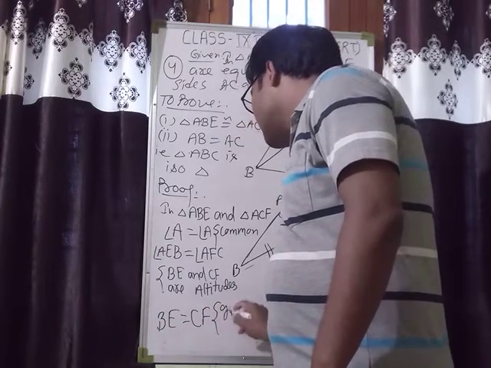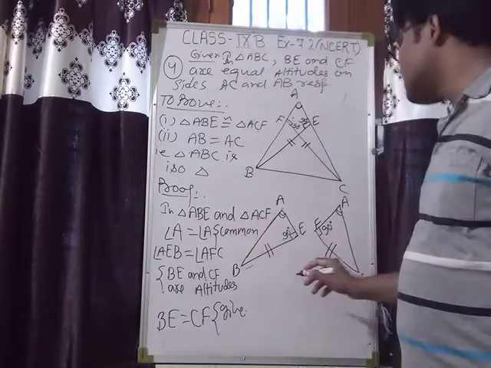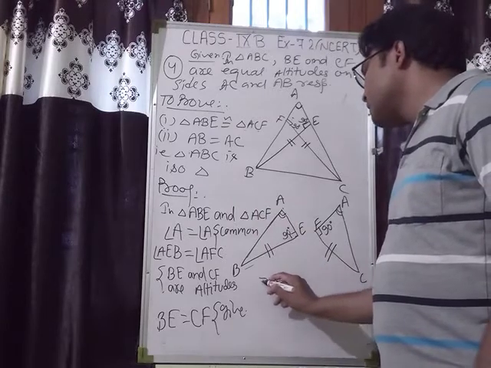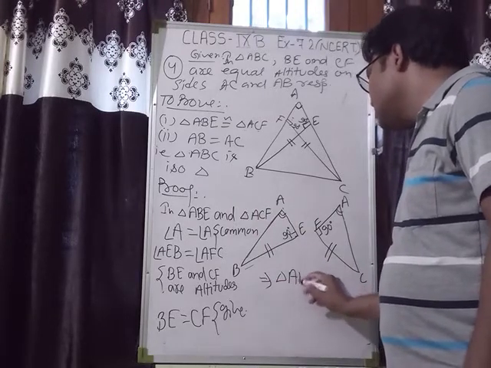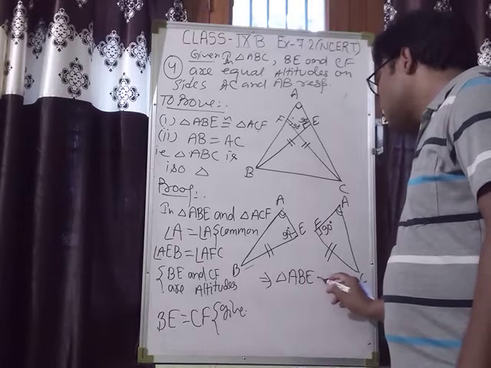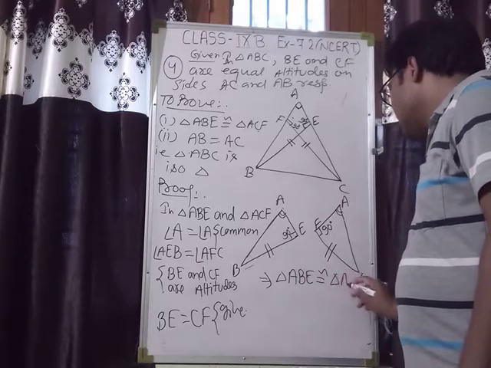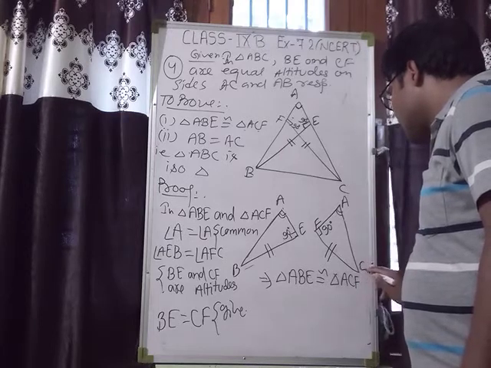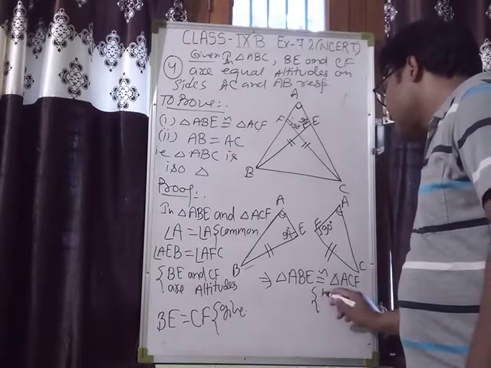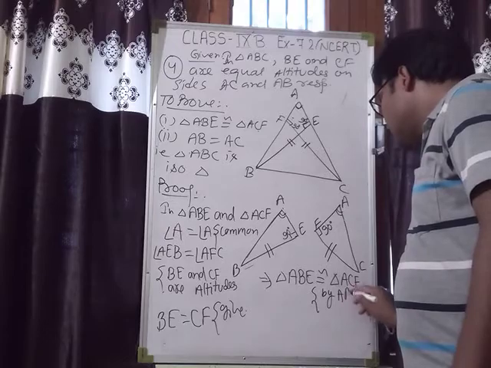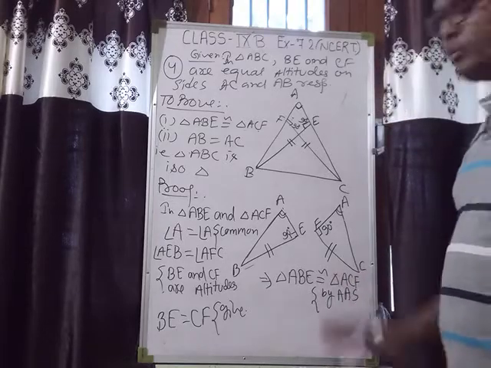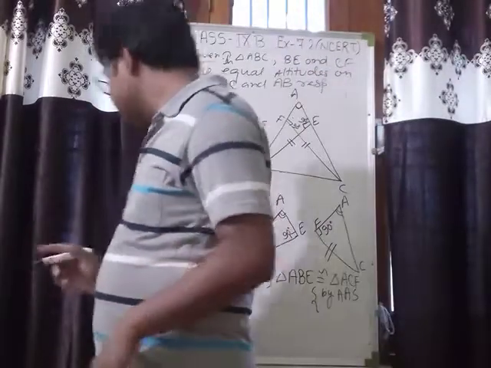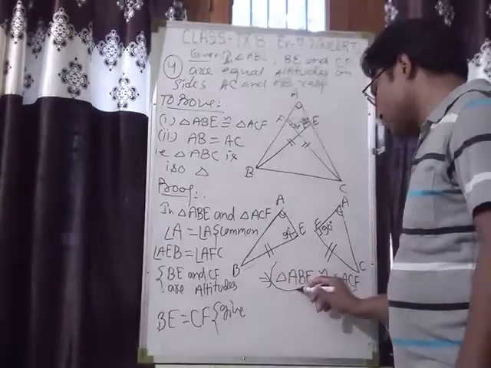So these two triangles, clearly from here we conclude that triangle ABE is congruent to triangle ACF by AAS congruency. And this is the proof of the first one.